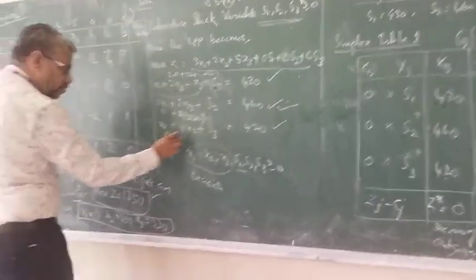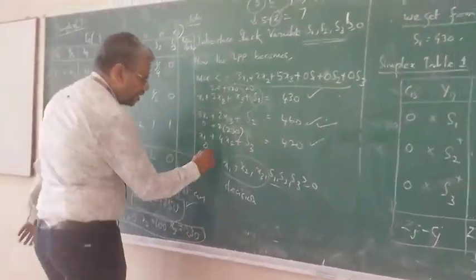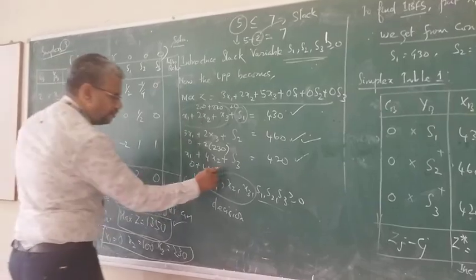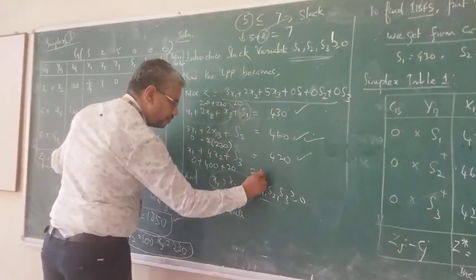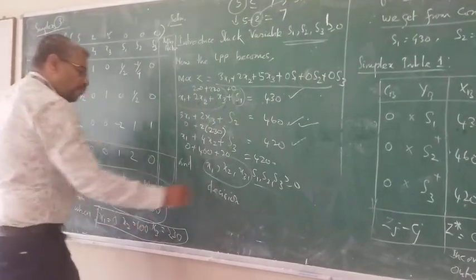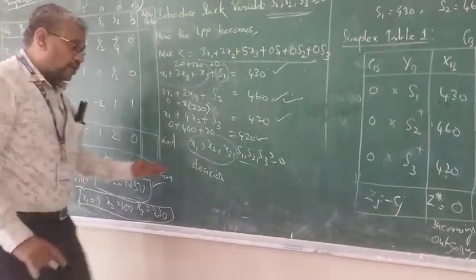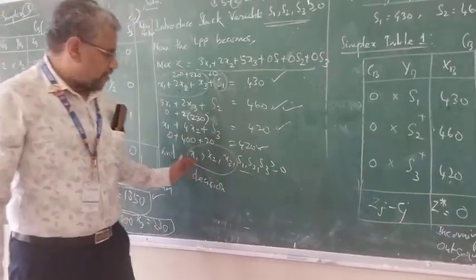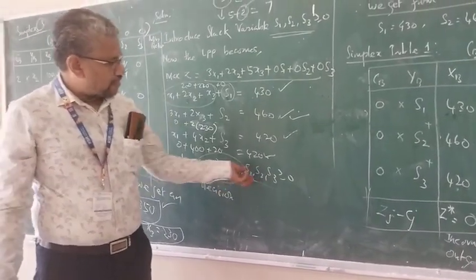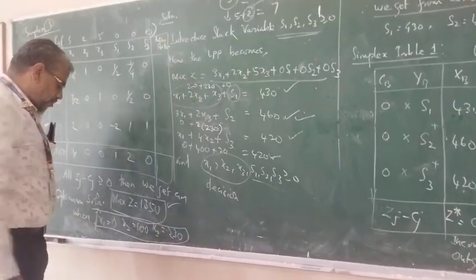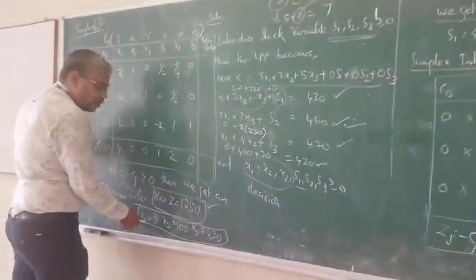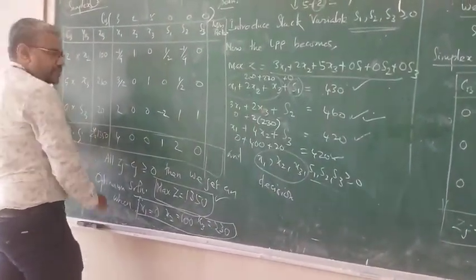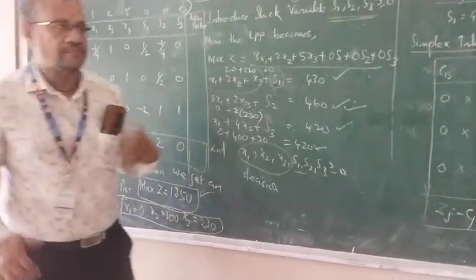Next, x1 is 0, 4x2. x2 value is 100, so 4 into 100, 400 plus s3. s3 value is 20, so plus 20 equals 420. So what we have found is the answer. And you can also check the non-negativity constraints. All the variables, including decision variables and slack variables, must be greater than or equal to 0. So what we have got is greater than or equal to 0 over here, including slack variables. Thank you guys.